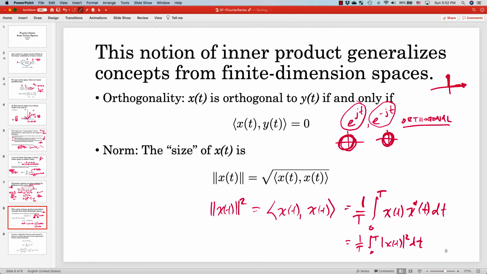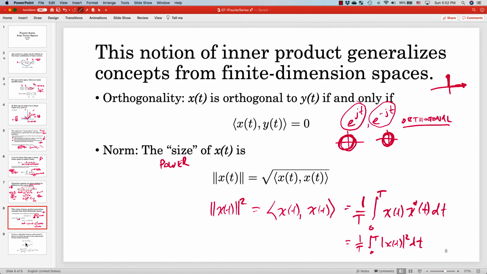This is the formula for the power of a periodic signal. So the particularly nice feature about this inner product definition is that the size of a vector is its power. I hope that makes sense, that bigger periodic functions have more power, and vice versa. Also, it's impossible to have negative power, just like you can't have a negative vector length.